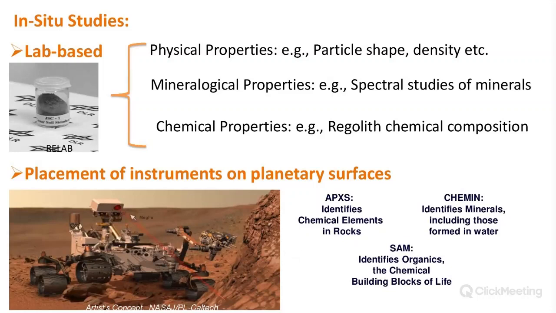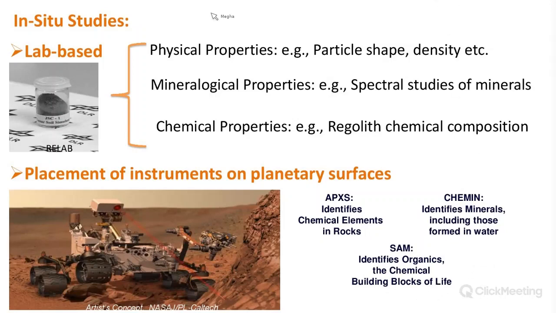For example, in case of Mars, we have instruments on rover which identify chemical elements in rocks, identify minerals including those formed in water, and also identify organics, the chemical building blocks of life.